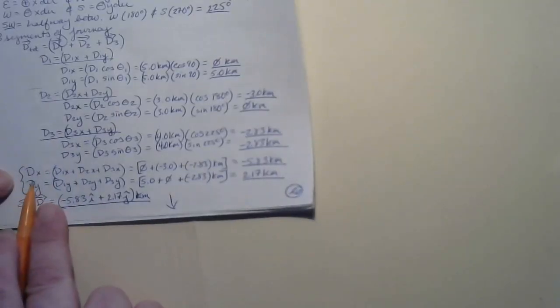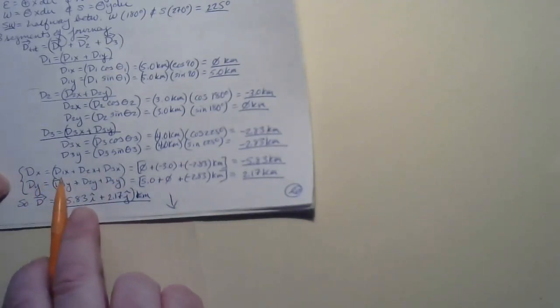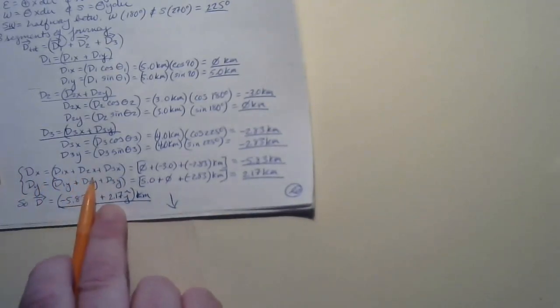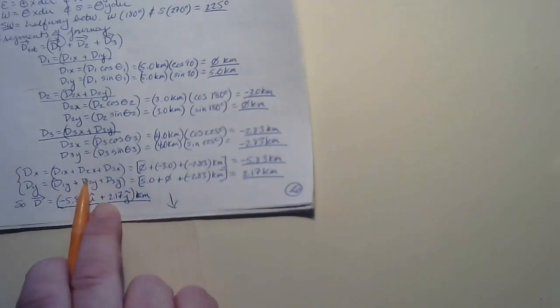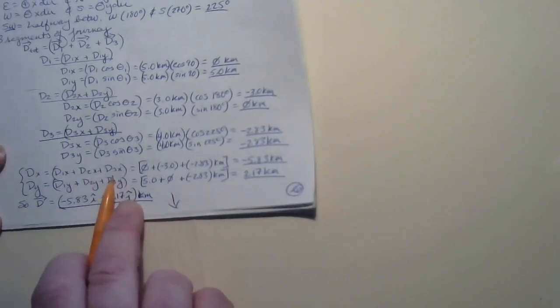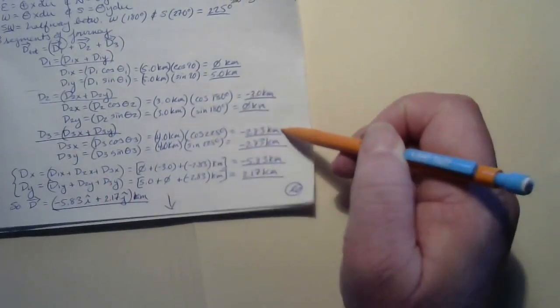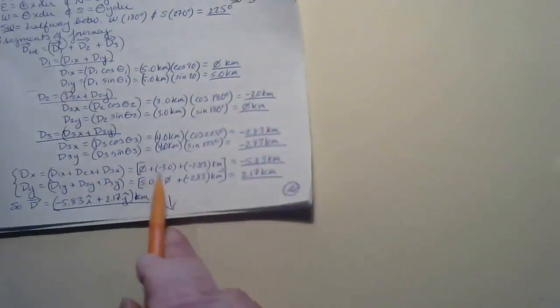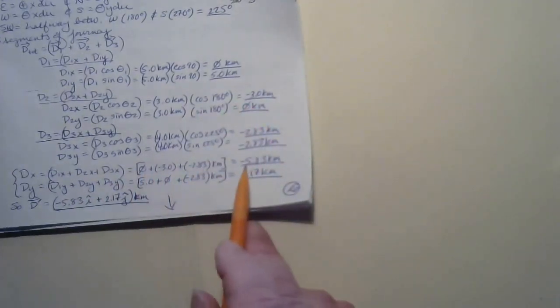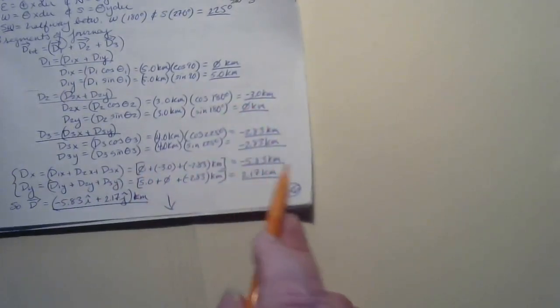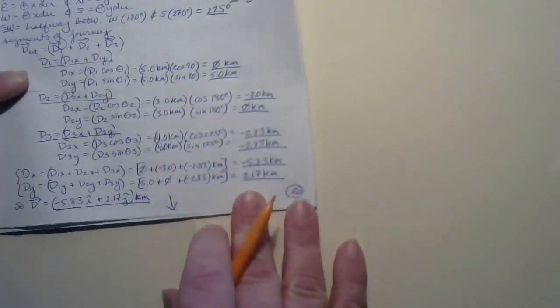Okay, so the x component of the overall displacement vector is going to be the x component for the first segment plus the x component for the second segment plus the x component for the third segment. So that's 0 plus negative 3 plus negative 2.83, which comes to a total of negative 5.83 kilometers.